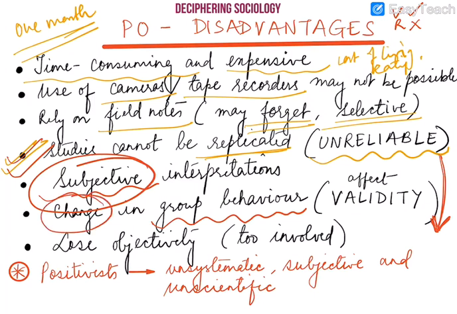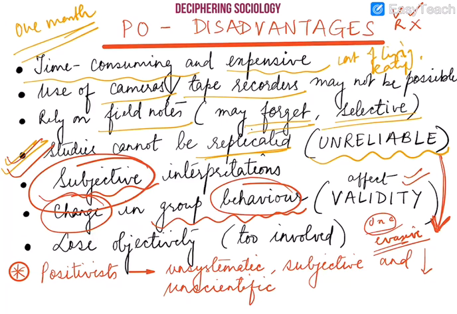If someone asks you questions once, twice, thrice, then you will suddenly become very evasive. First few times you are going to answer the questions, but later on you will be reluctant to answer questions. So the behavior of the people might also change. They may try to avoid. So this will affect the validity of the research.